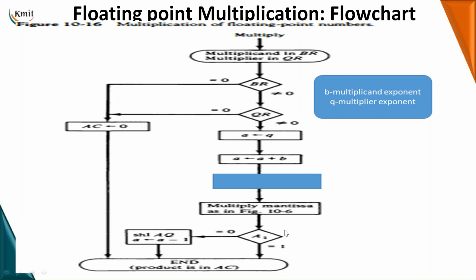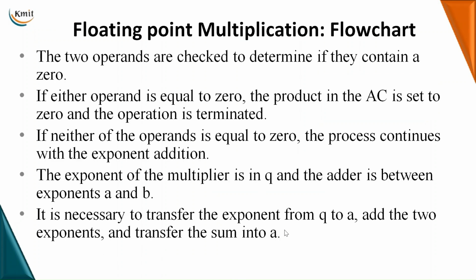So this is the flowchart of floating point multiplication. The two operands are checked to determine if they contain 0. If either of the operands is equal to 0, the product in the AC is set to 0 and the operation is terminated. If neither operand is equal to 0, you continue with the next step of the algorithm, exponent addition.